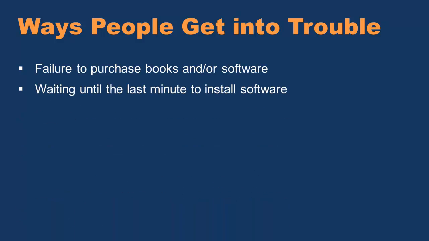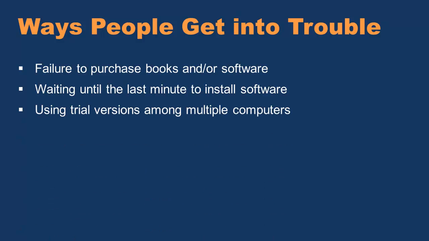Another problem students run into is they wait until the last minute to install the software. And inevitably, sometimes issues will come up, whether it's the computer's too old to run the software or there could be other issues. The point is you don't want to wait till the last minute to install the software required for this course. Using trial versions among multiple computers is a problem students run into. So trying to avoid purchasing the software, students keep trying to download 30-day trial versions and going back and forth over multiple computers.